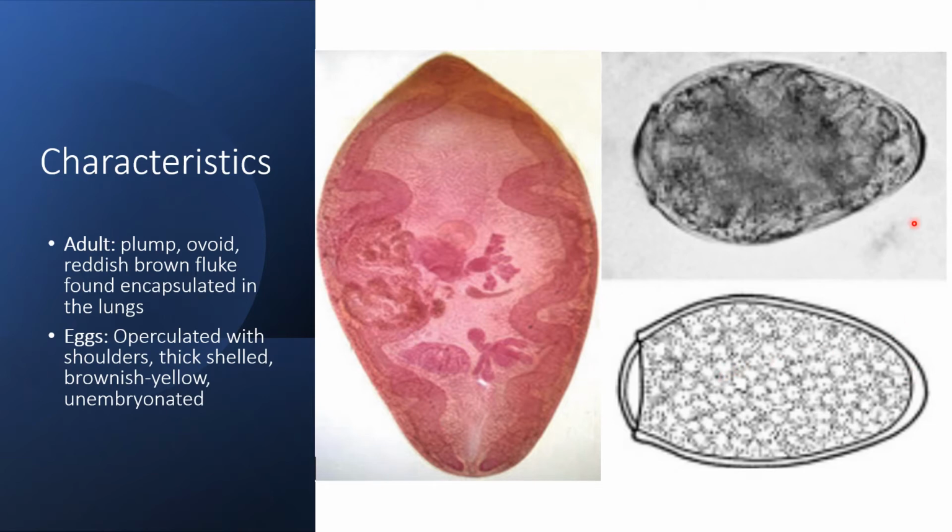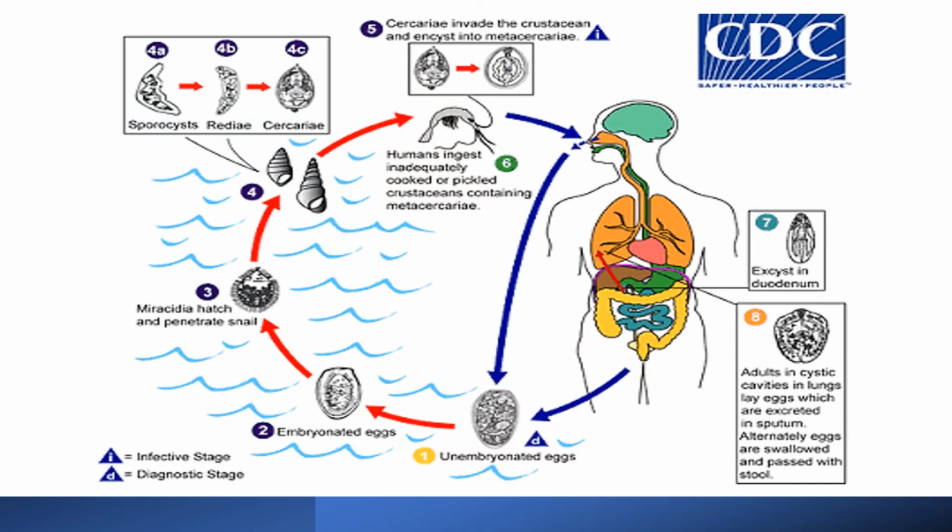So that's for the morphologic characteristics. Now let's proceed with the life cycle of Paragonimus westermani. Just follow the diagram from CDC. The eggs escape from the encapsulated tissue through the bronchioles, and will be coughed up, or passed out in the feces upon expectoration and swallowed back.